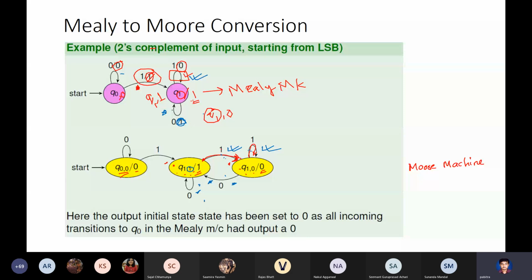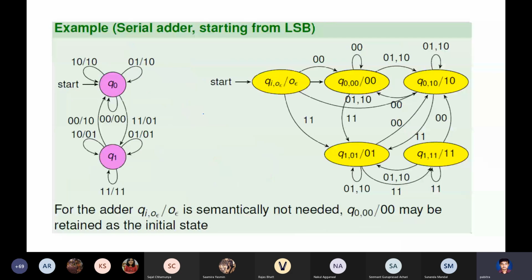Let's take another example. This is a serial adder. By the way, I'll soon explain what this operation means for the state transition table. So this is a serial adder starting from LSB. We have already defined the Moore machine here.